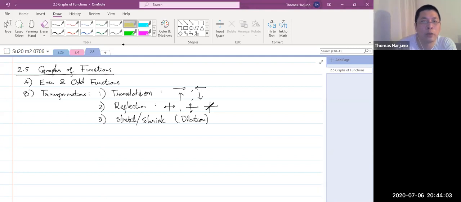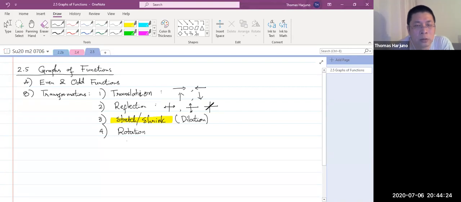Now that's what we will learn today from this section. And basically in the last 15 minutes, we will learn only this one. The last one, rotation, is something we will not learn in this course. I believe rotation is something you learn in Calculus 2 or Calculus 3 or linear algebra. Okay, so we will not learn this. Don't worry about that rotation.